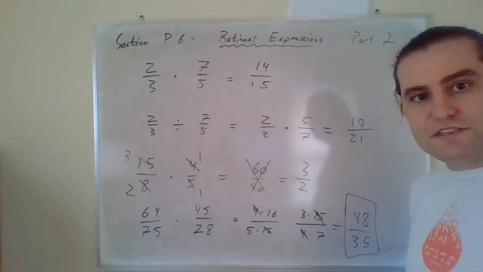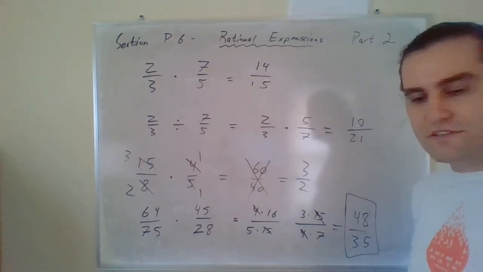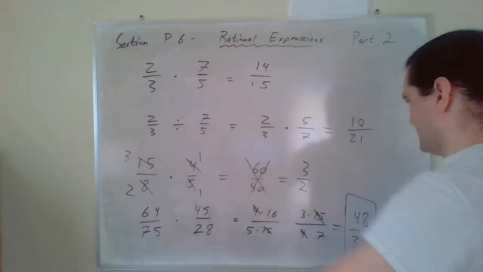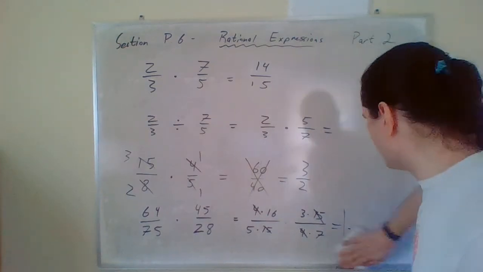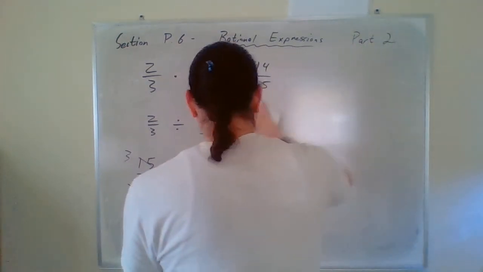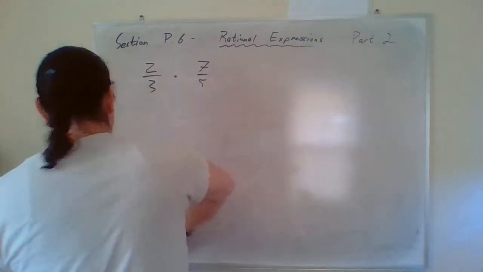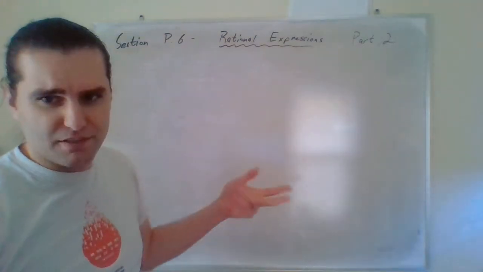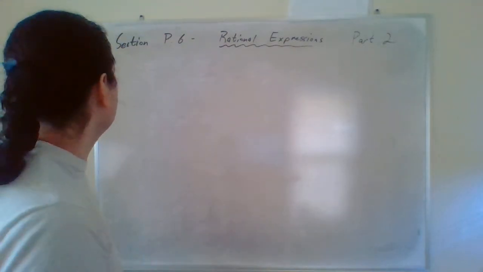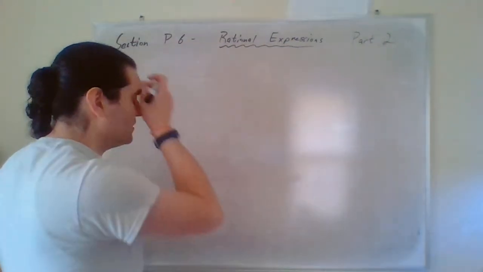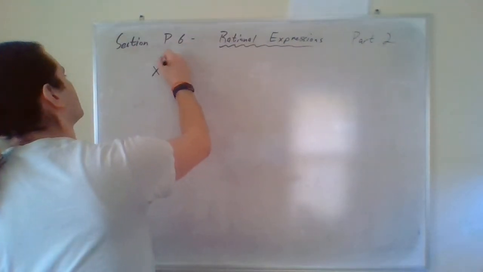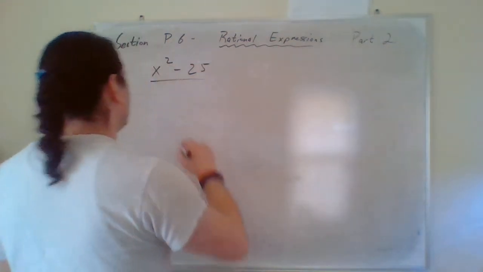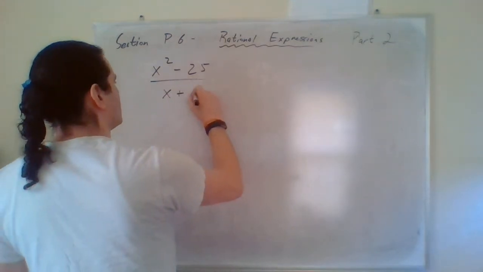So we're 7 minutes into a video about multiplying rational expressions, and I have yet to write a rational expression on the board. So let's do that. With this bottom example in mind, let's see what happens if we multiply a couple rational expressions together. Or divide them. Dividing them is basically the same thing. You just flip one of them. Let's do x squared minus 25 over x plus 6.